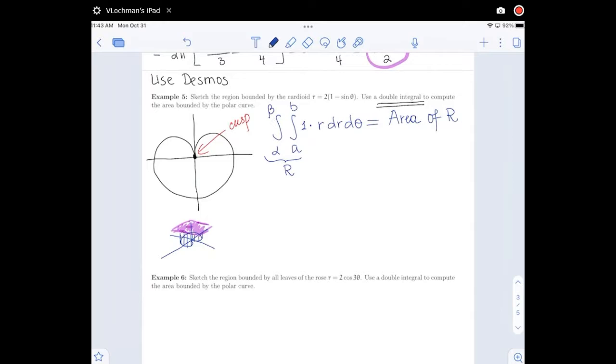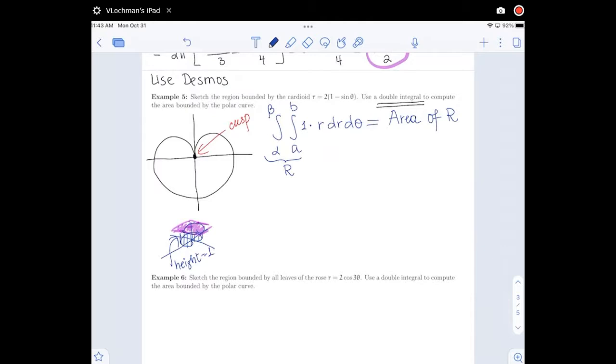So you can imagine this projection also over here. If we're computing the volume, but that height is just 1, then we're also computing the area. So that's one way to visualize and understand how to use double integrals to compute the area of R.